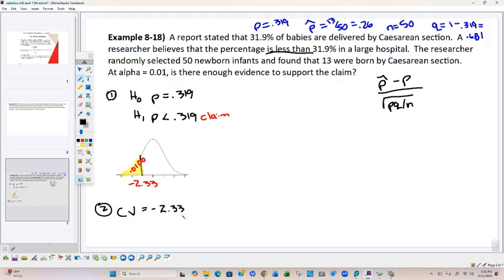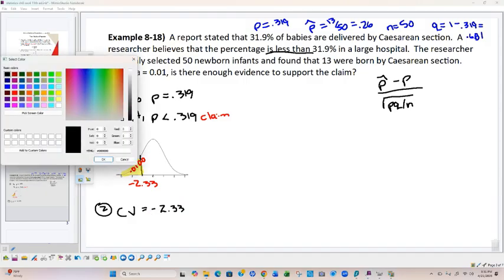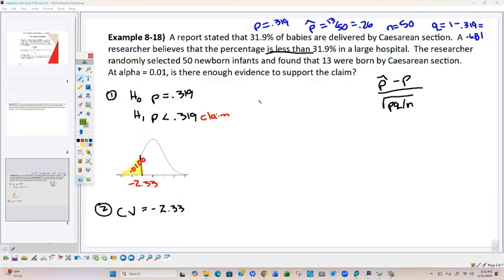Now we are ready for step 3. Step 3 is our test value, and we wrote down the formula over here. This formula was for the z of a proportion.